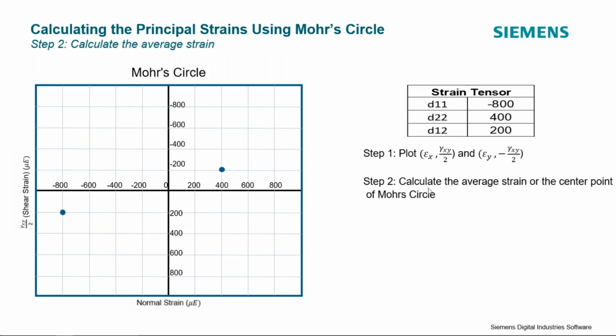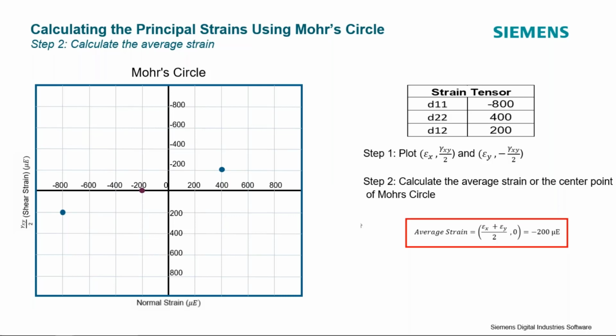My next step is to calculate the average strain, or the center point of Mohr's circle, which I can do by taking the average of these two points. I do that here, and I get a value of -200 microstrain. I'll draw that point here on my display.